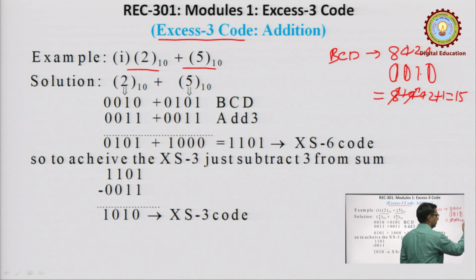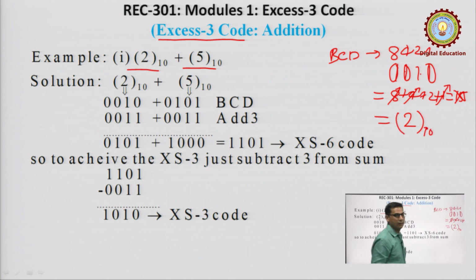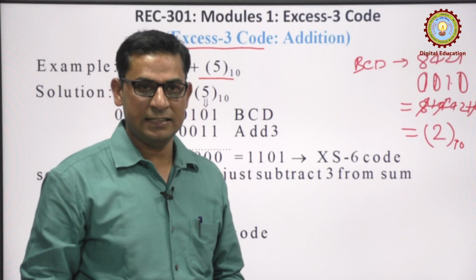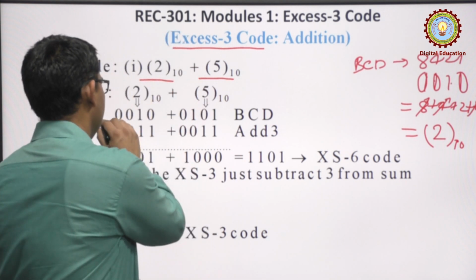So, the BCD equivalent for decimal number 2 is 0010.